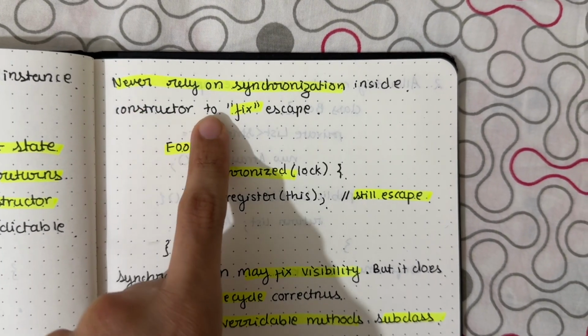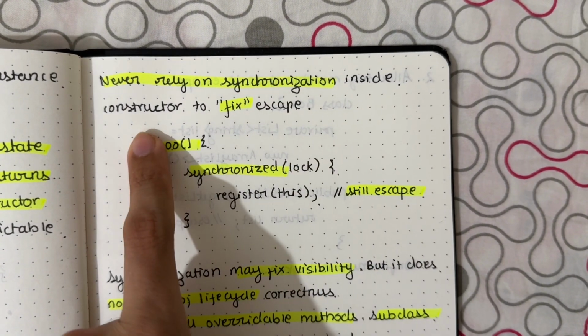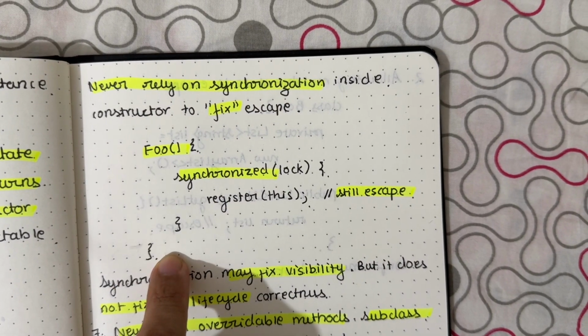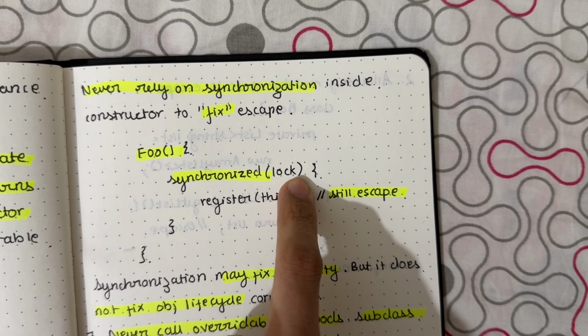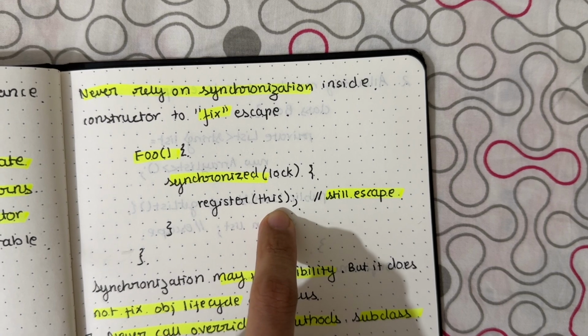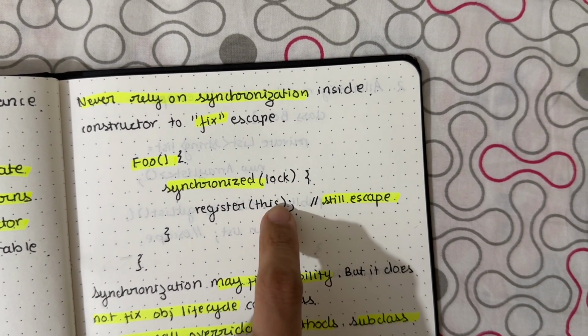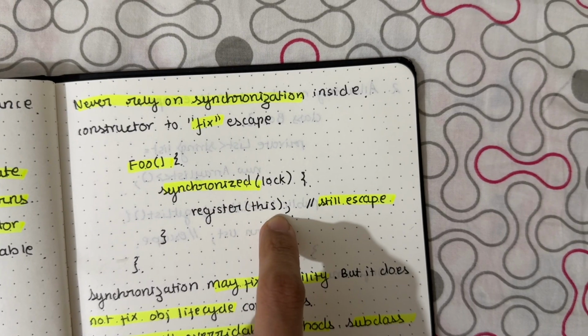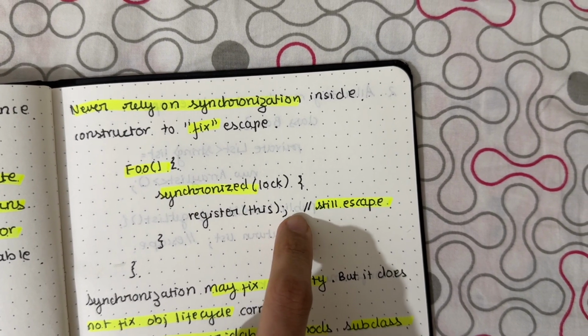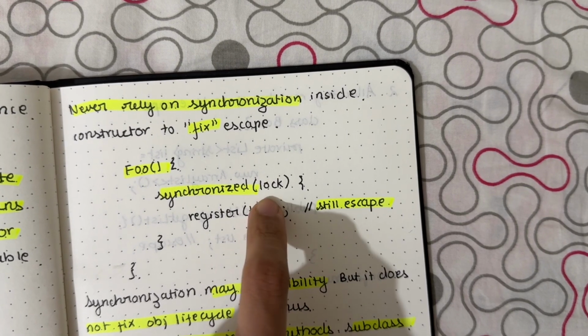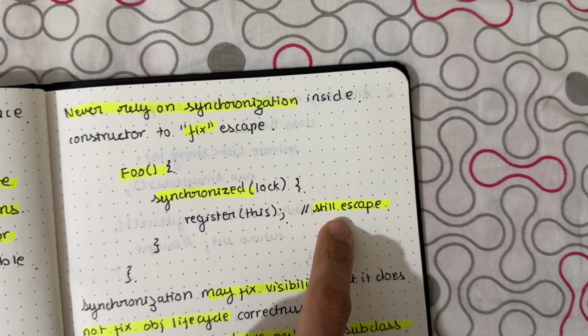Important note, never rely on synchronization inside a constructor to fix escape. Here in Foo's constructor, I am using a synchronized lock to register this instance. Now, by using the lock, I am fixing the visibility issue for this. That means other threads, if they use the same lock, will see the value of this instance clearly.